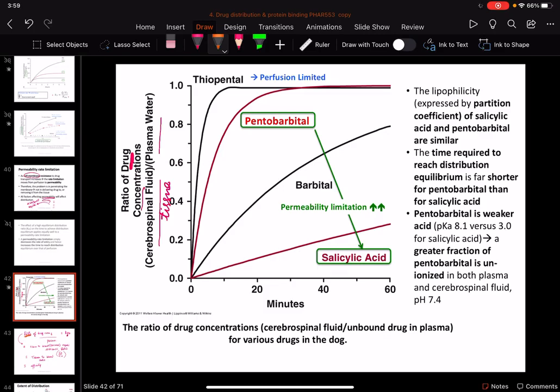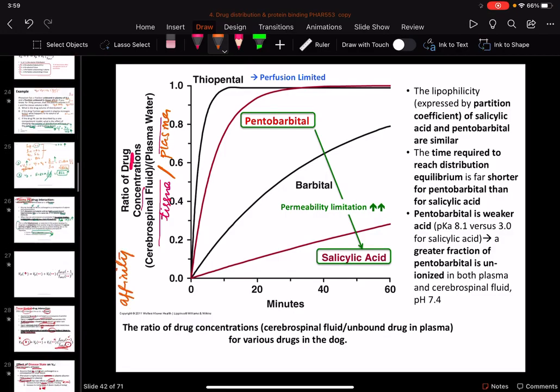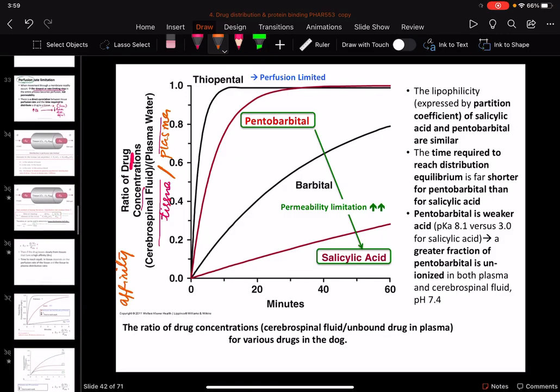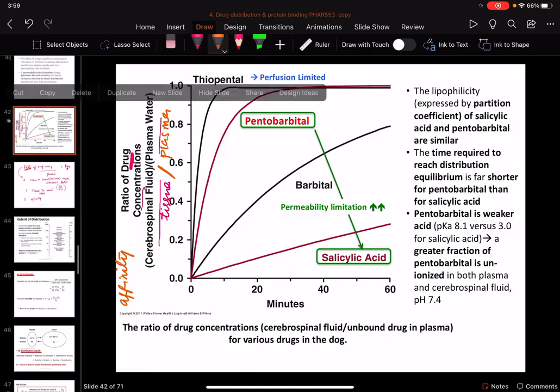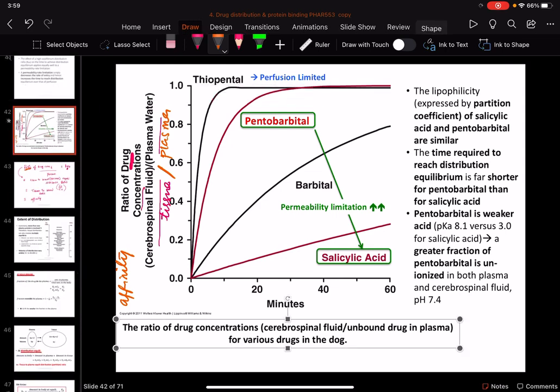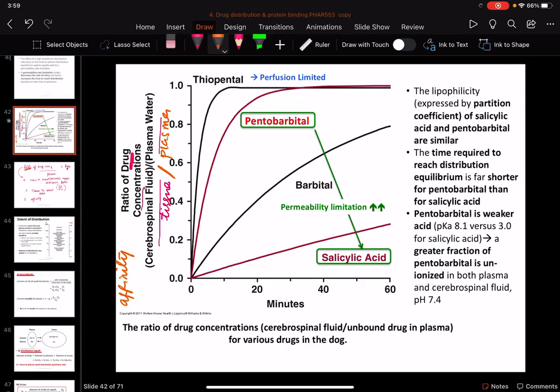So we have the ratio of the drug concentration in tissues over plasma, which is related to affinity or the distribution ratio or equilibrium ratio. We have it versus time for different drugs.